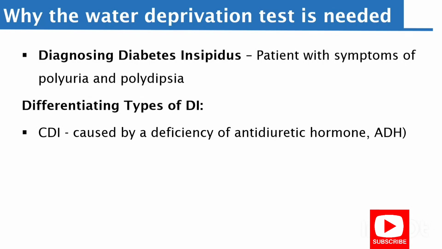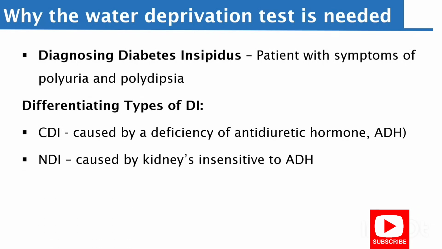Anti-diuretic hormone. Remember that this hormone helps to regulate the amount of water in the body. Now, of course, we also have nephrogenic diabetes insipidus. This can be due to the kidney being insensitive to ADH.